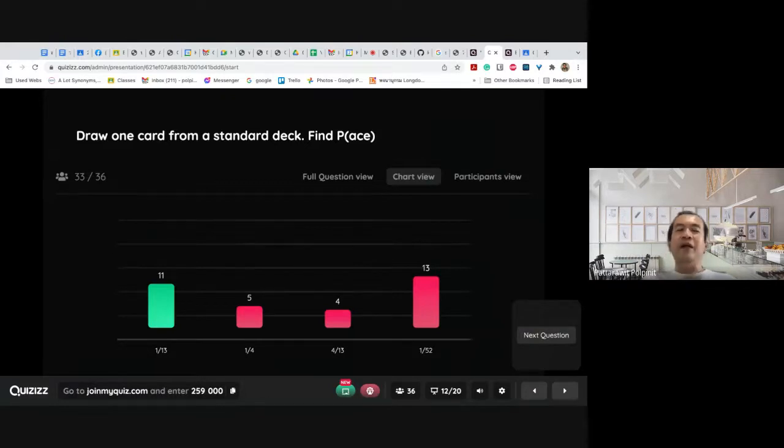Now, the number of ways you can draw an ace: how many aces are in a deck? 4 aces: ace of spades, ace of clubs, ace of diamonds, ace of hearts. So it's 4 divided by 52, which is 1 over 13.